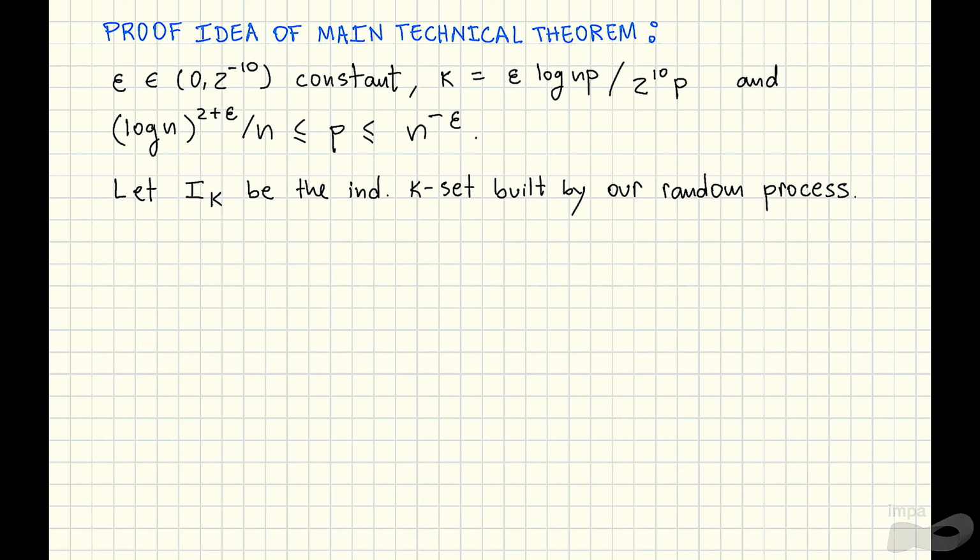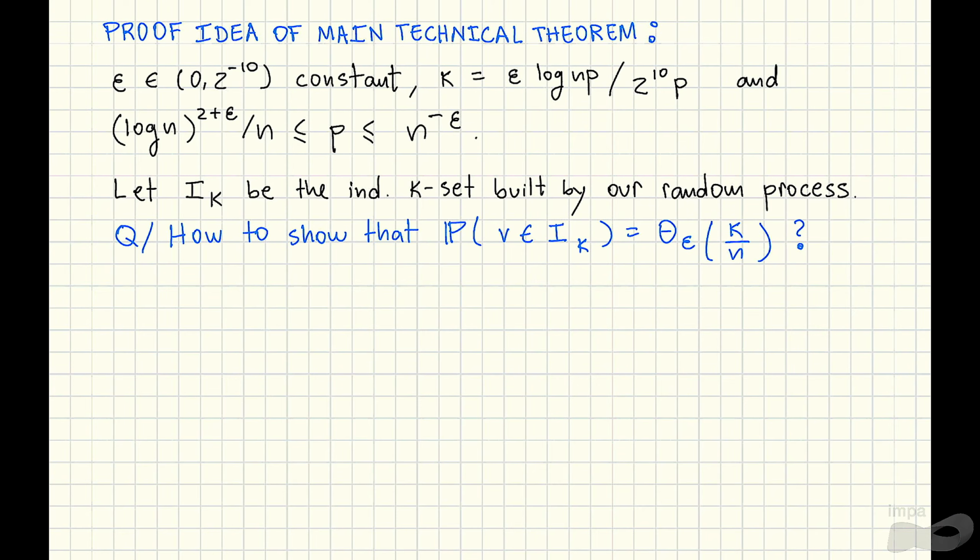Let I_k be the independent k-set generated by our process. The question now is: what is the probability that a given vertex is contained in this independent set? Our final goal is to understand this probability for a given non-edge, but it is simpler to analyze it for a vertex. Is it clear what we are going to do?